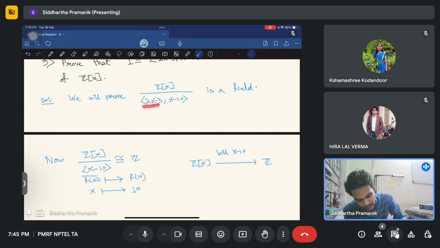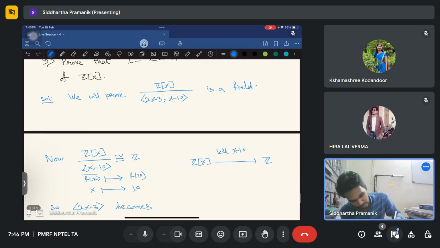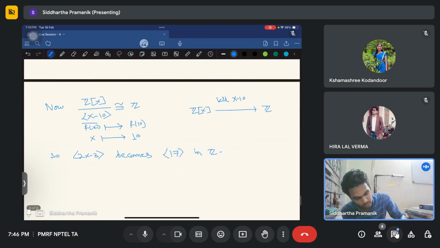Now let's see what will be the image of this ideal in Z[x] mod x minus 10. So 2x minus 3 becomes 2 times 10 minus 3, which equals 17. So it is the ideal generated by 17 in Z. So you just need to kill it by 17, and then you will get Z mod 17Z.